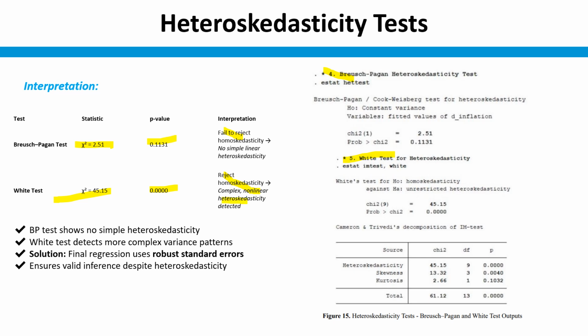If we interpret both of these together, we can say that some sort of complex heteroscedasticity is there. But since one of these 2 tests goes in our favor, we could say that the tests remain valid. But yes, we need to apply robust standard errors in our regression model to address the heteroscedasticity.